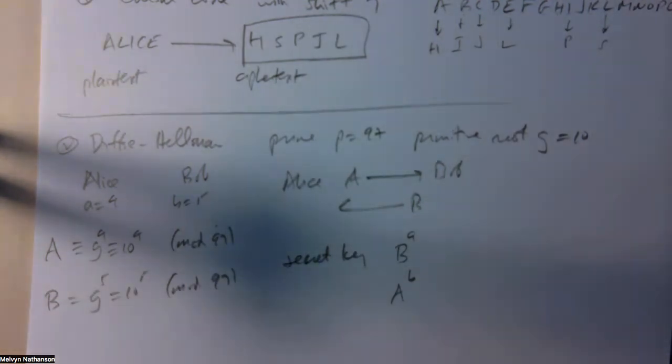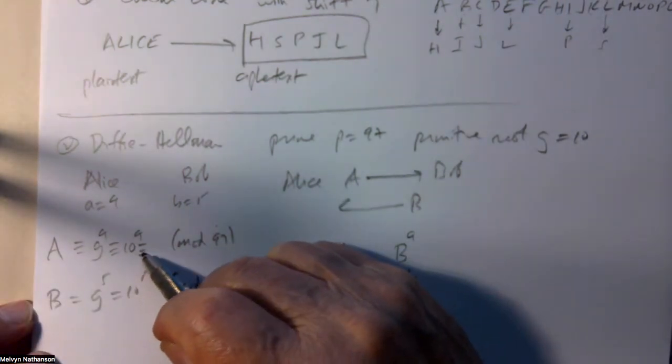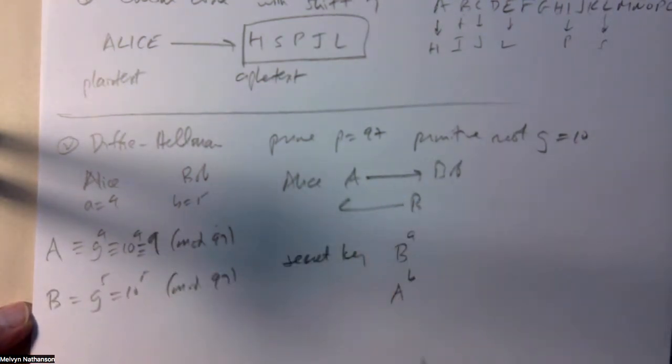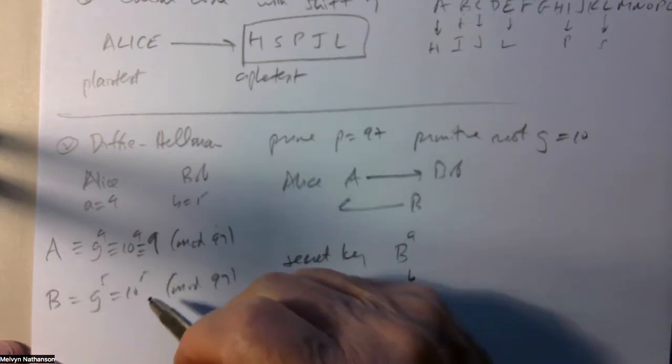So I have to take 10 to the 4th, if I'm doing it by hand, divide it by 97, or a computer can do it for me. And the computer tells me that this is 9. So capital A is 9. And Bob's public number, he takes G equal to 10 and raises it to the 5th power, and he gets the number 90.